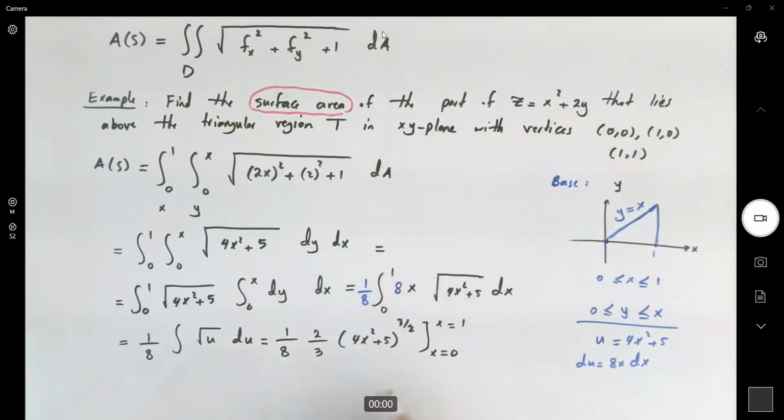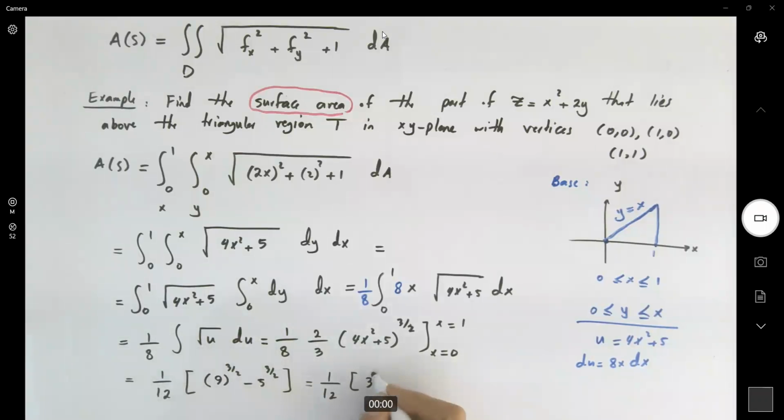Let us substitute these. What do we have? We have 1 over 12. If you plug in 1, you get 9 to the 3 halves minus 5 to the 3 halves. If you use a calculator, or just leave it as a radical, here you get 1 over 12. This is 3 to the second.